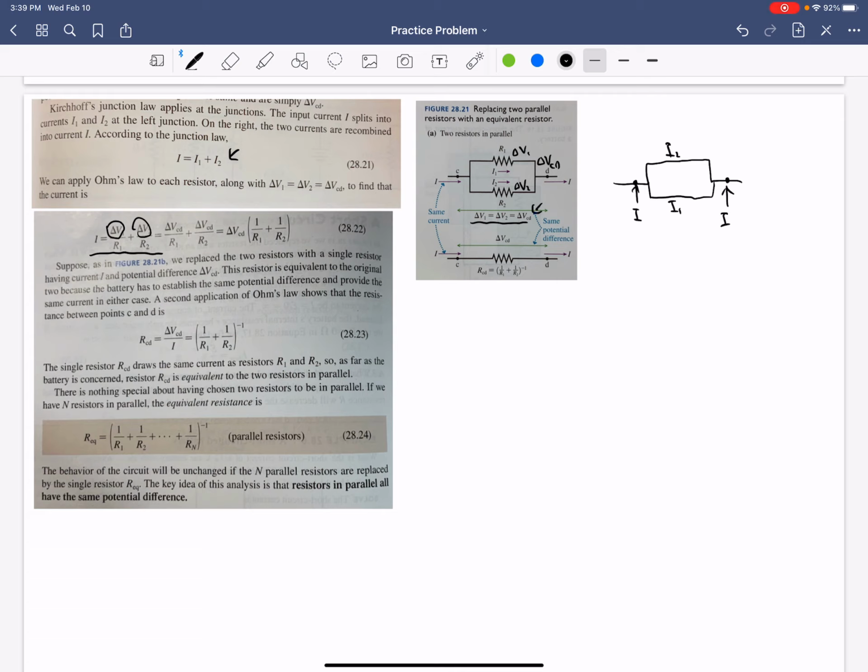Once you plug it in, we can take out delta VCD and combine the other two. I forgot what the math rule's called, but you get this equation right here. Suppose, as in figure 28.21b, we replace the two resistors with a single resistor having current I and potential difference delta VCD.